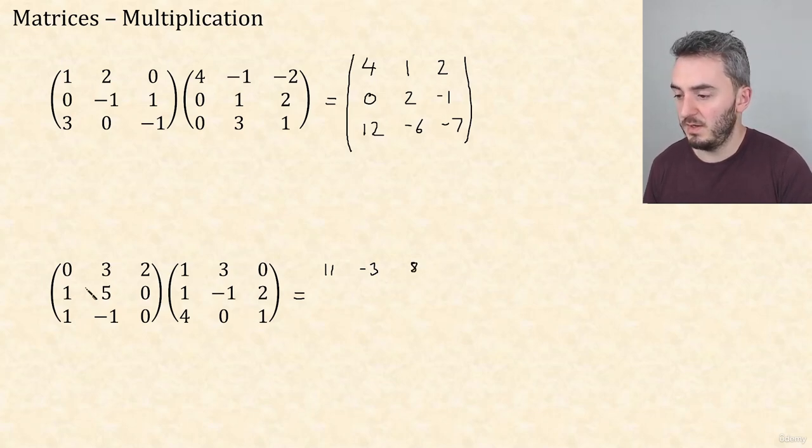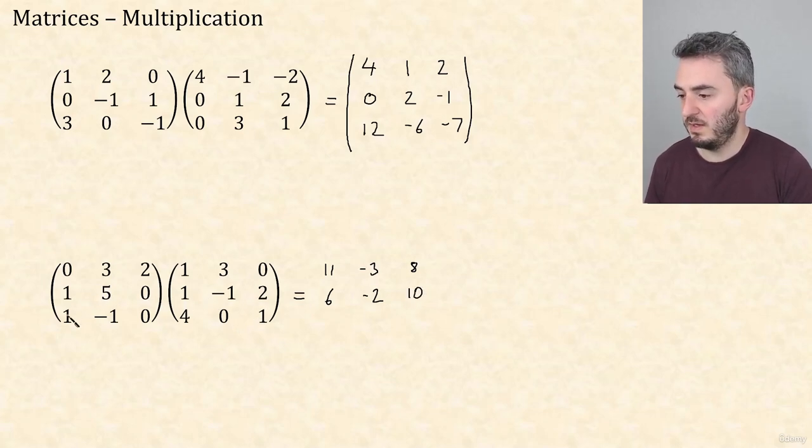Next row. 1 plus 5 plus 0 is 6. 3 -5 plus 0 -2. And 0 plus 10 plus 0 is 10.